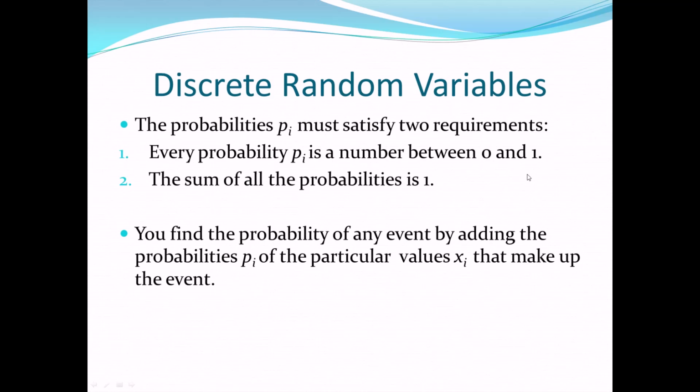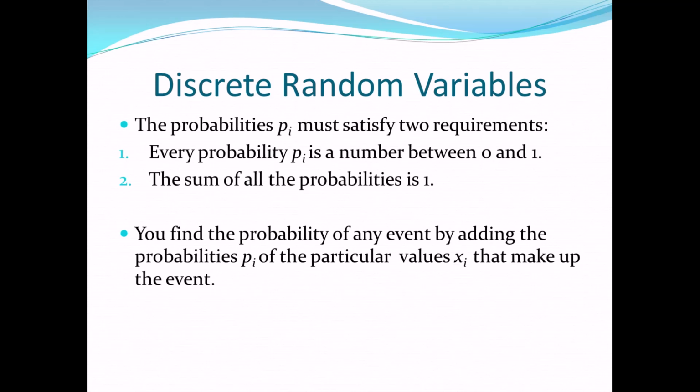All right, you find the probability of any event by adding up the probabilities, the individual ones, p sub i, of the particular values of individual x's, or x sub i, that make up the event. That's a lot of stuff. It really doesn't make too much sense. But let's just go back to that flipping 4 coins problem. And let's just say I want to know the probability that x is less than 2.